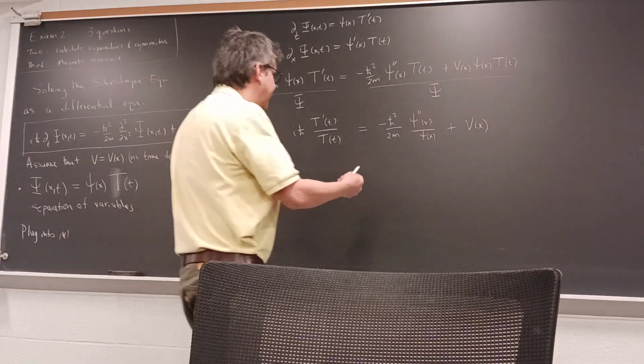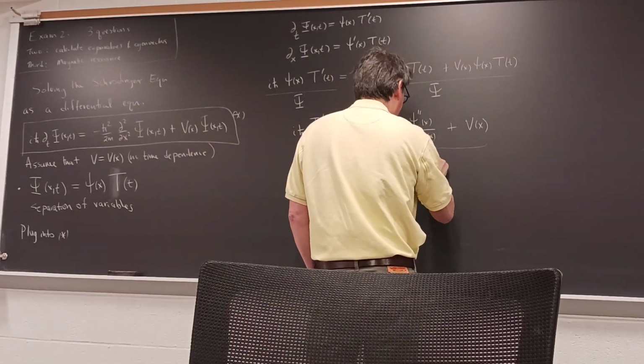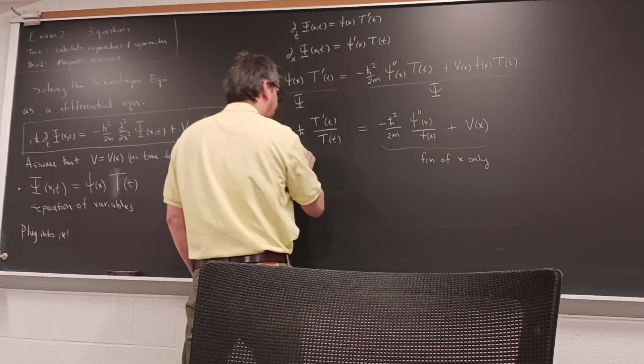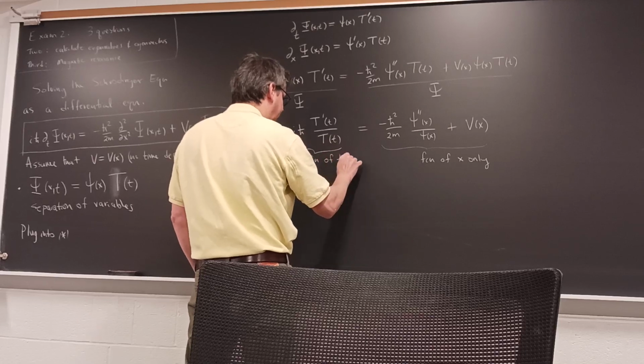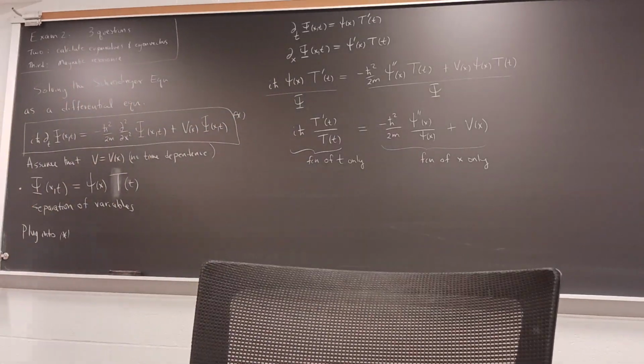Okay, and so now, the right-hand side is a function of x only, and the left-hand side is a function of t only. And so if these things are varying, they must be equal to just a constant.